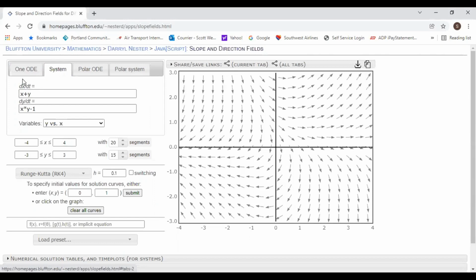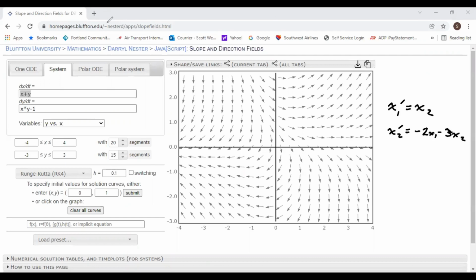And here we can put in the system that we created out of that second order differential equation, which was, if we'll recall, x1 prime equals x2, and x2 prime was equal to negative 2x1 minus 3x2.